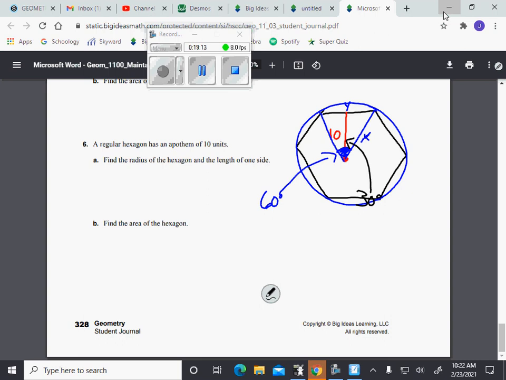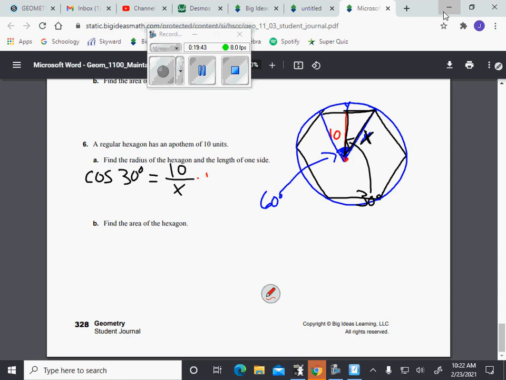Okay? Now, how can I find x? Well, I can take the cosine of 30 degrees and set that equal to adjacent, which is 10, over the hypotenuse, x. I'm working with this triangle here. Now solve for x.